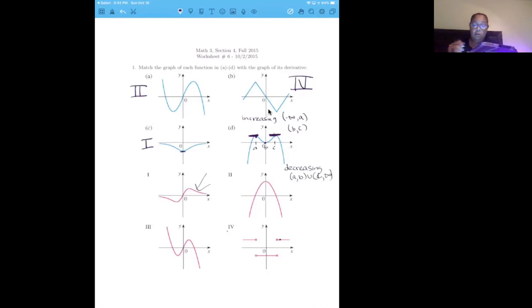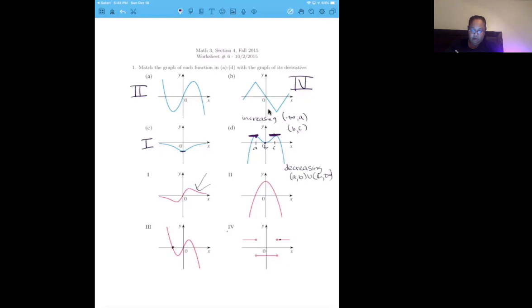All right, so that means I need to be above the x-axis from negative infinity to a and from b to c. And I need to be below the x-axis from a to b and from c to infinity. All right, so I should cross the x-axis in 3 places.